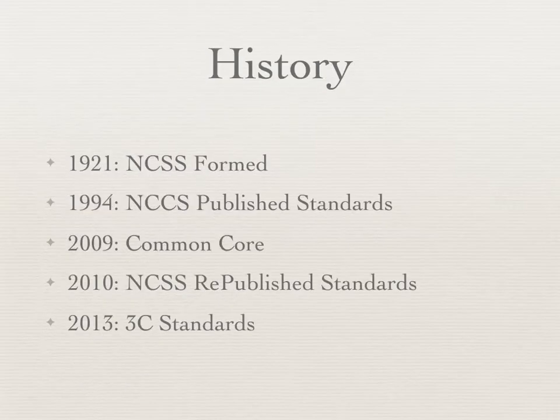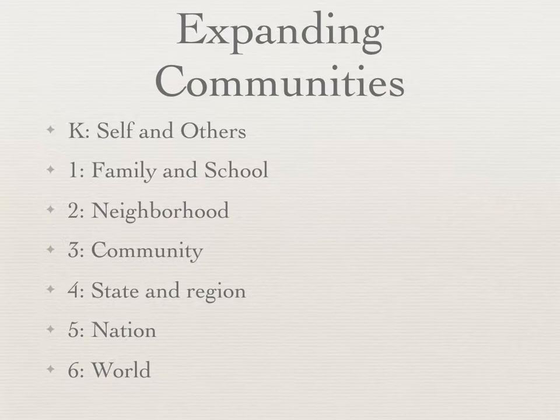Now, if we are looking at the history, oh, wait, I need to go back. So at the bottom of page 7, you can see that you have K, 1, 2, 3, 4, 5, and they're just little. But what I want you to do is very small, right? Self and others in kindergarten and family and school in first grade, and go throughout there, 1 through 5.